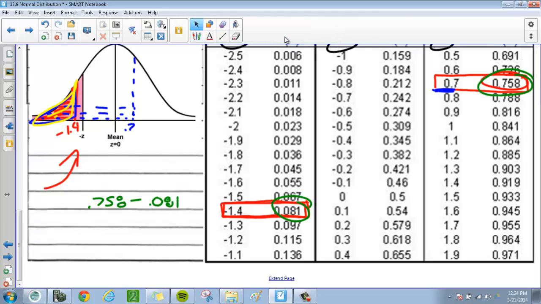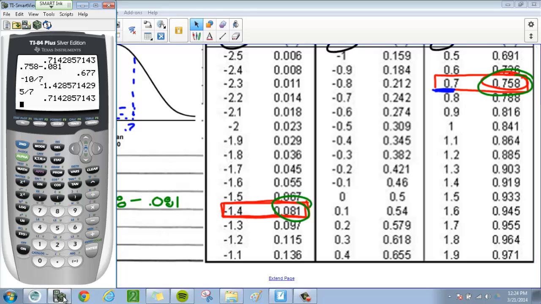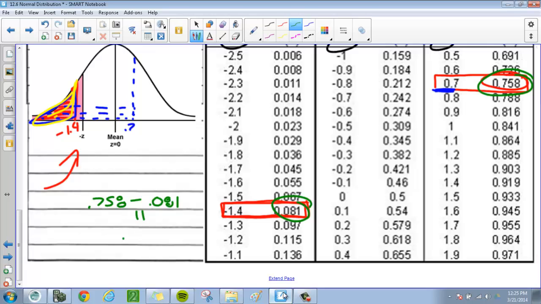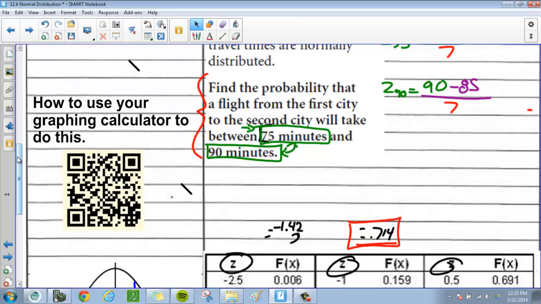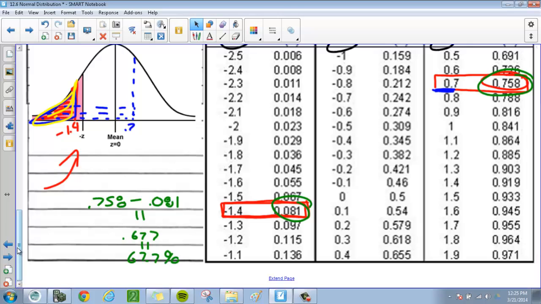So let's figure out what that is. 0.758 minus 0.081 equals 0.677, or a 67.7% chance that this flight will land in between 75 minutes and 90 minutes. The flight will be in between those two times. And that's how you use this table along with finding z-scores to answer a problem like you just saw. That's probably one of the more difficult problems that you're going to have to deal with.